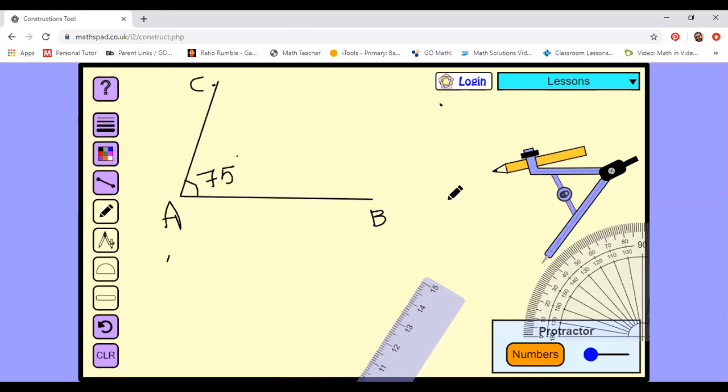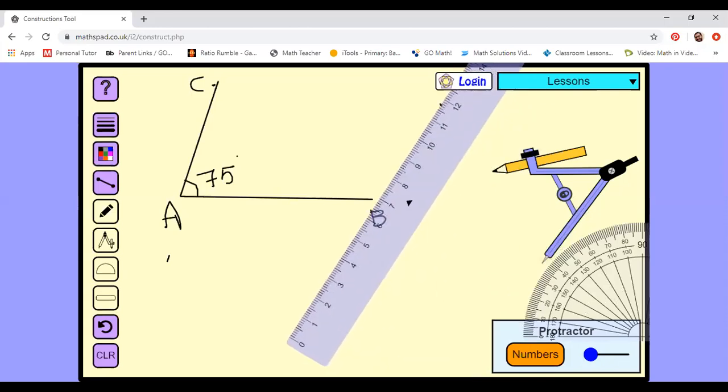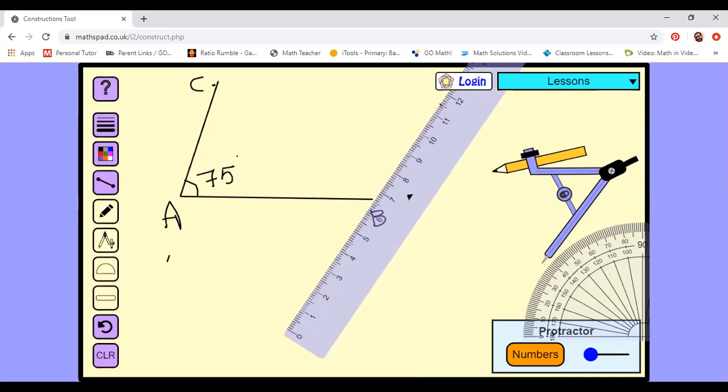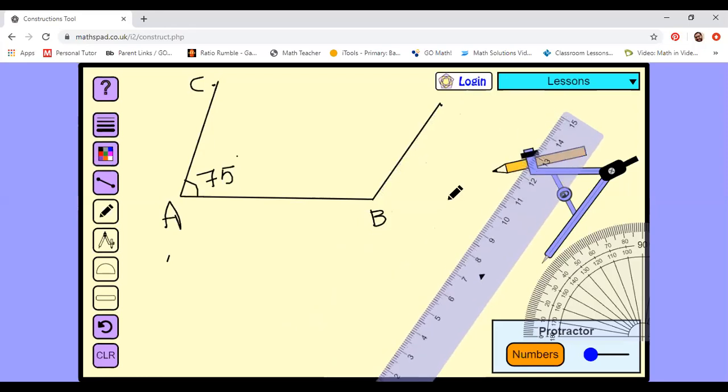Then let's use our ruler and draw the line here. He said the angle is called ABD, with 125 degrees. And I answered the question. That's my answer to the questions.